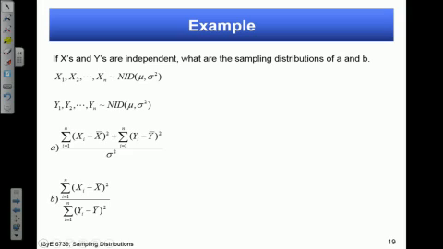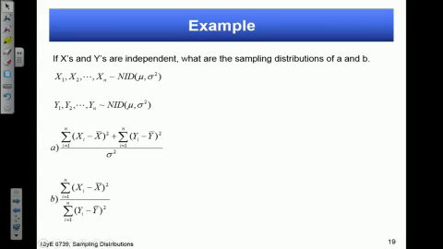Five minutes left. It doesn't have any distribution actually. No, actually it follows... the original population follows a normal distribution, but it's not the same.